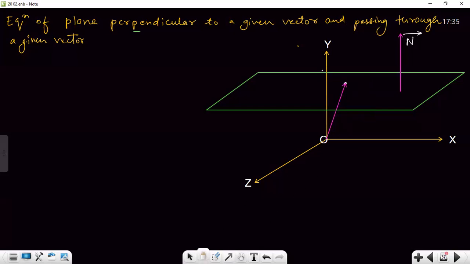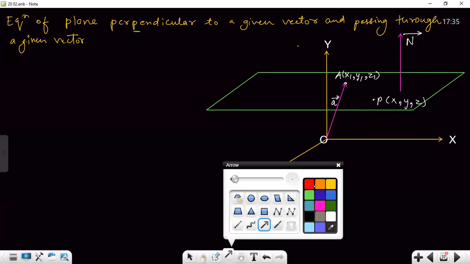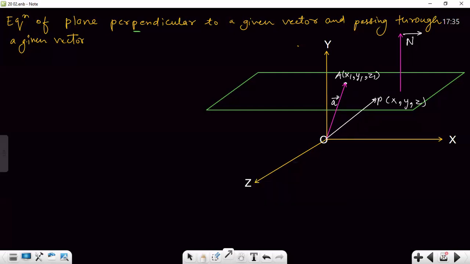Its point will also be known to us, the coordinates, basically the coefficients of the vector, and this vector is A. Let me take any general point P, its coordinates as x, y, and z, which are the general coordinates, and this is the r vector.